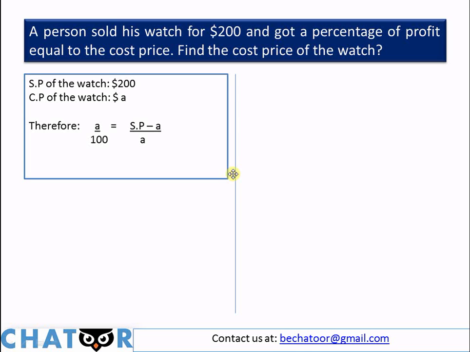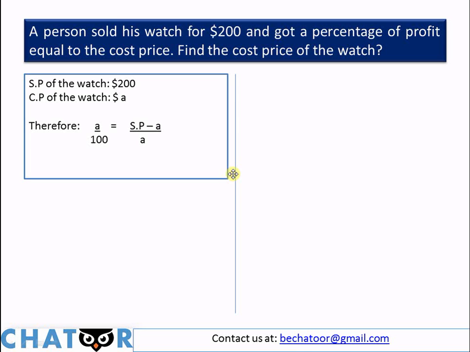Now according to the sum, if you break it down, they say that you have a percentage of profit equal to the cost price. So if the cost price is A, the percentage of profit is going to be A%, which is nothing but A by 100.